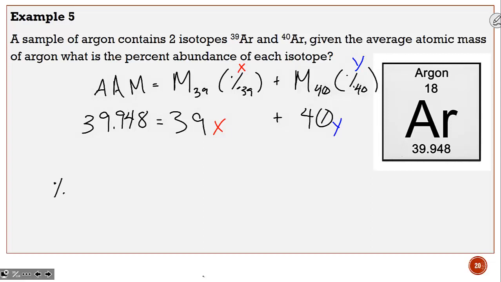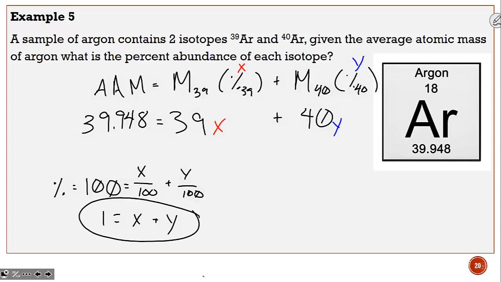A percentage is out of 100, for each 100, meaning x out of 100 plus y out of 100 has to equal 100, or x plus y has to be 1. Meaning I could use this known definite value to figure out one or the other.